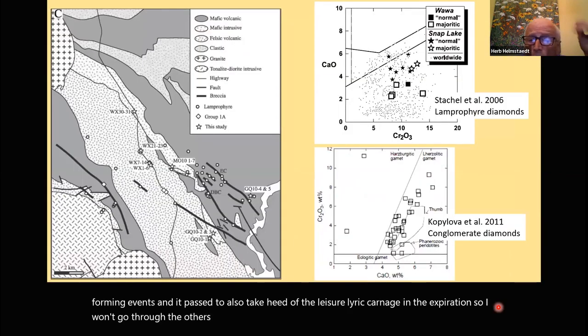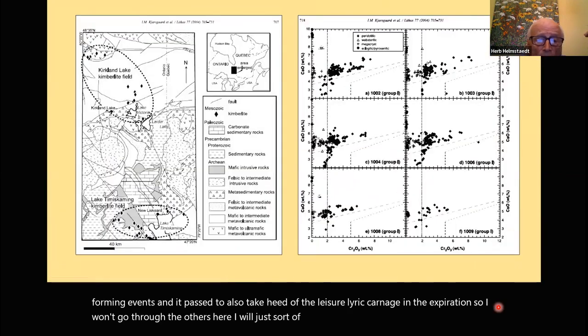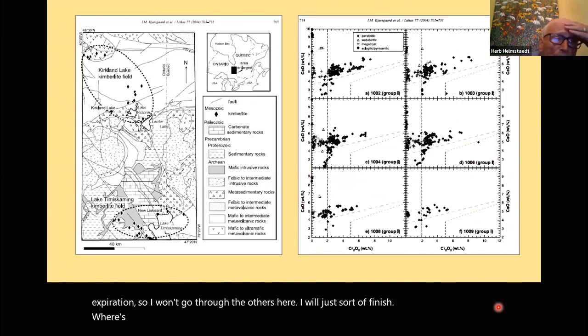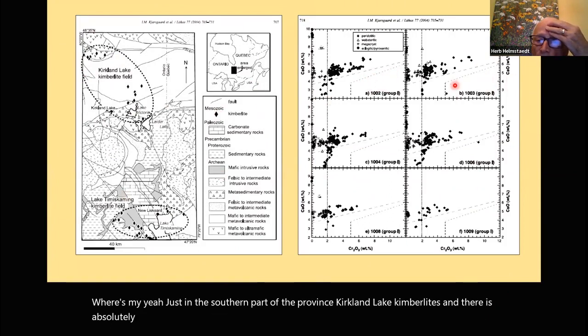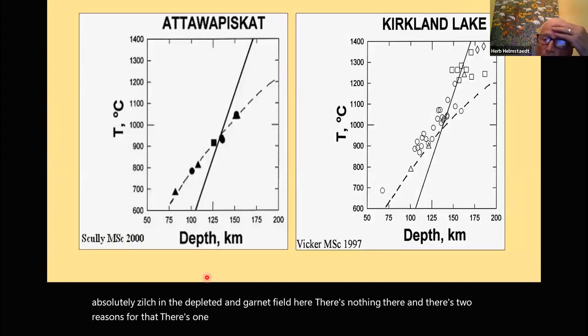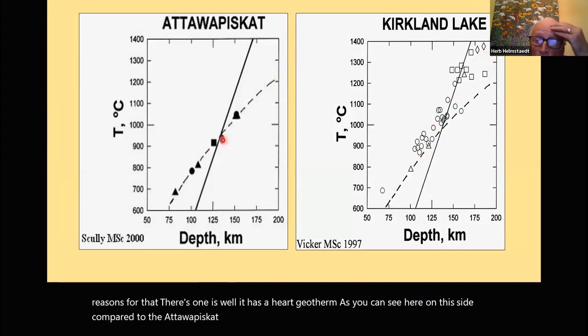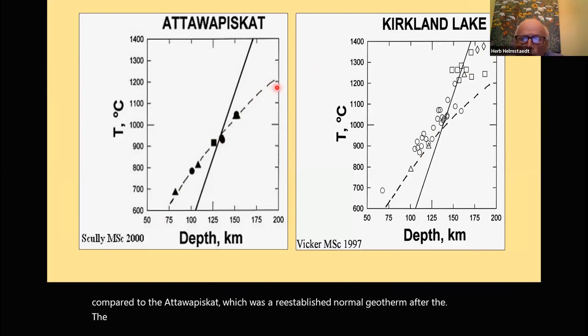I will just finish with, oh yeah, just in the southern part of the province, the Kirkland Lake kimberlites, and there is absolutely zilch in the depleted garnet field here. There's nothing there. And there's two reasons for that. One is, it has a hot geotherm, as you can see here on this side, compared to the Attawapiskat, which was a reestablished normal geotherm after the diamonds were formed.